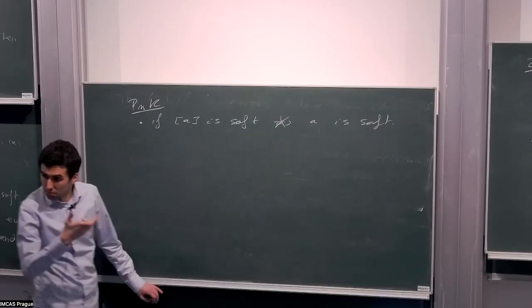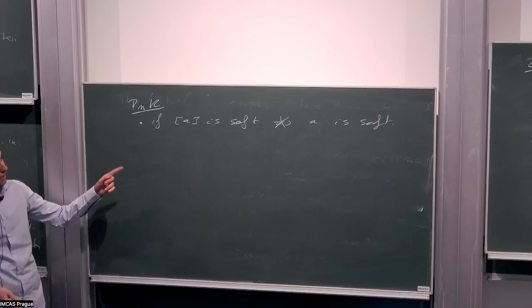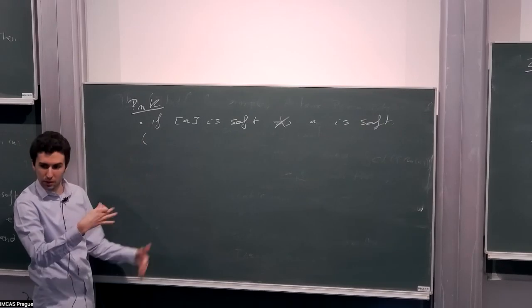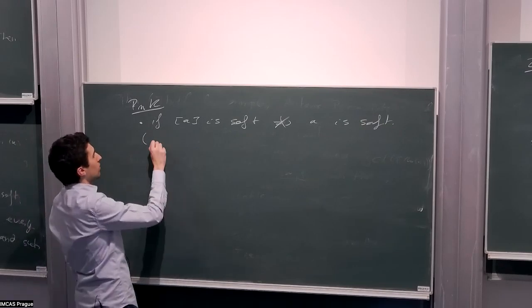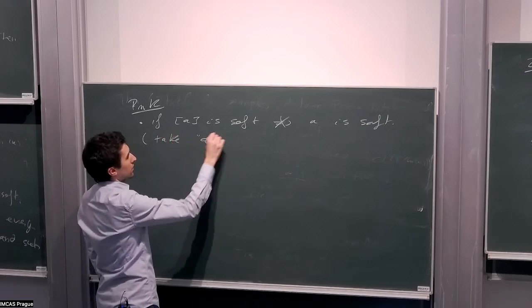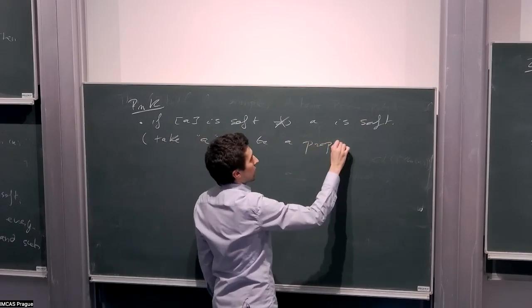This is true in the stable rank 1 case, because again, we have all those equivalences. But in general, this is not true. And an example of this, and I'm not claiming this to be trivial, but just something that one can prove, is that you can take A to be a properly infinite projection.